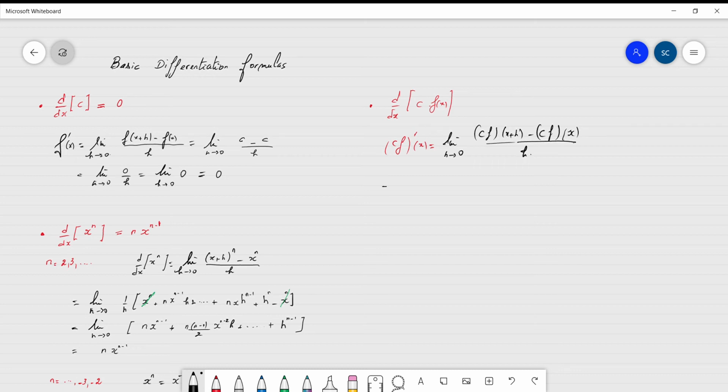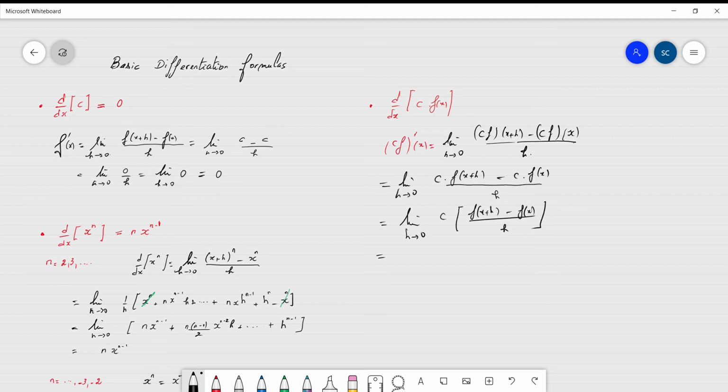Now just write the limit in detail. How is a constant times a function defined? It's c times f(x+h) minus c times f(x). By definition it's like that. Now we remark we can put c as a factor: c times (f(x+h) − f(x))/h, as h approaches 0.